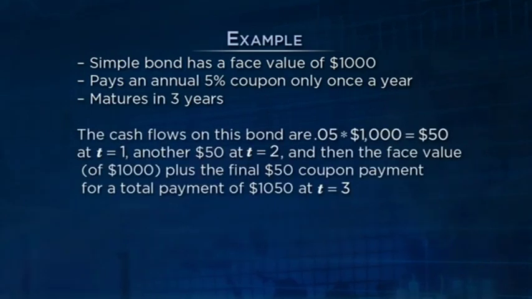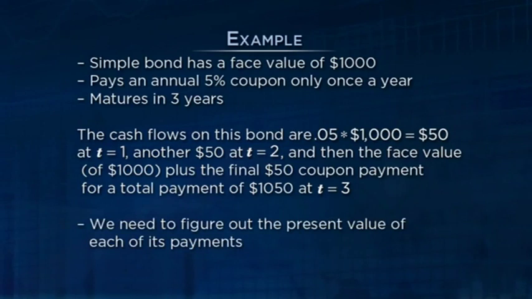The cash flows on this bond are going to be 5% times 1,000 or $50 at t equals 1 after 1 year, another $50 at t equals 2, and then the face value of 1,000 plus the final $50 coupon payment for a total value of $1,050 at t equals 3. To figure out the value of this coupon bond, we need to figure out the present value of each of its payments.